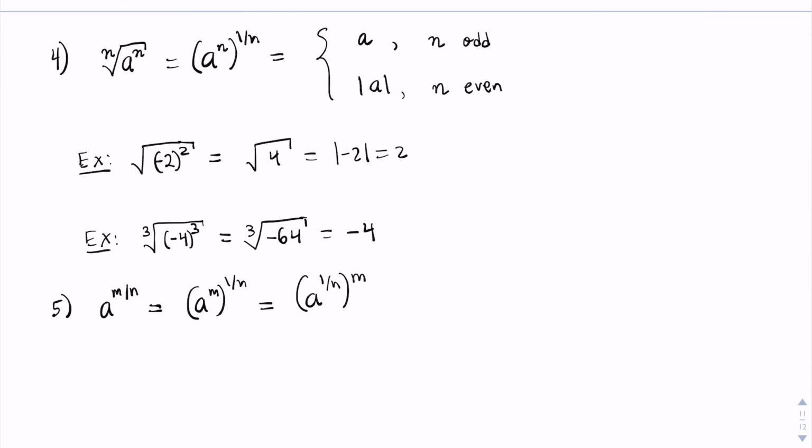For example, you can also write it like the nth root of a, all of this to the m power, or you can write it like this one right here. This is nothing more than the nth root of a to the m. There are so many ways that you can write what a to the m over n is, but hopefully this gives you a feeling that you can do all of this.